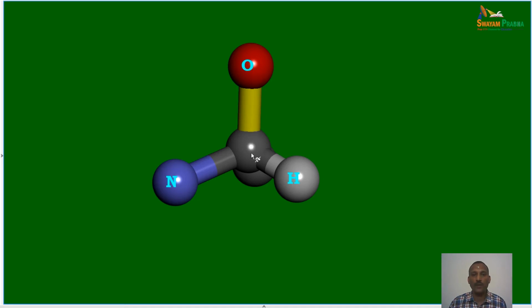So in other words, if we have to represent this one, oxygen and the carbon in the plane we can write. This hydrogen and this nitrogen will be projecting towards the observer, and the carbon is behind the plane. So two wedge bonds and one broken bond and one straight bond. So this is also another way of representing the molecules.